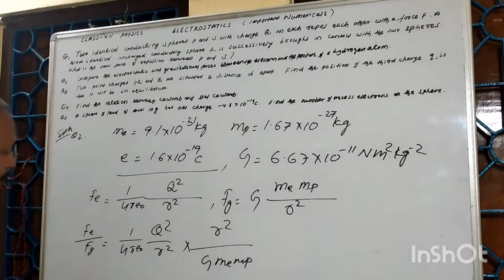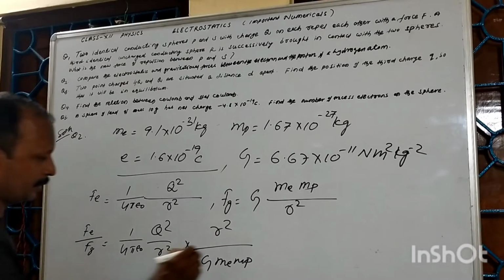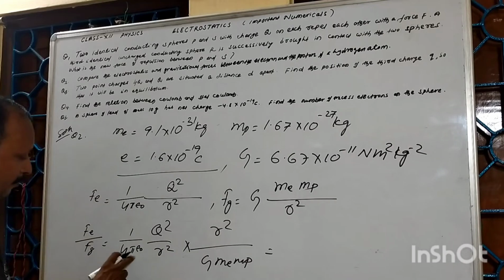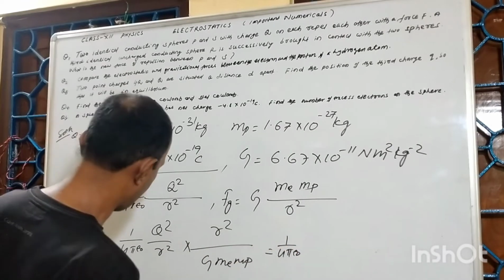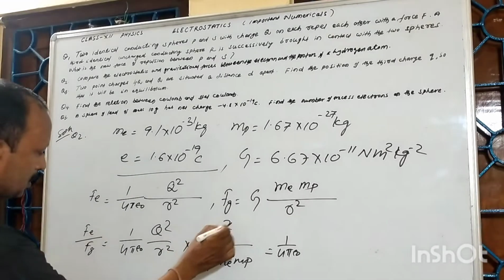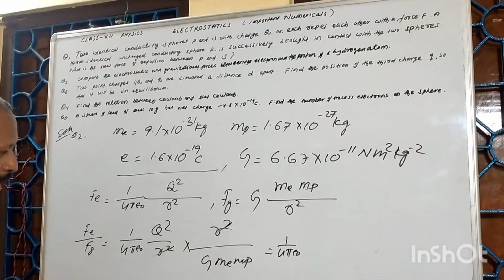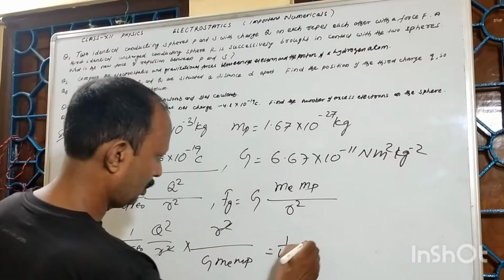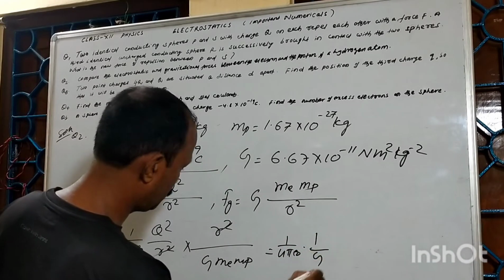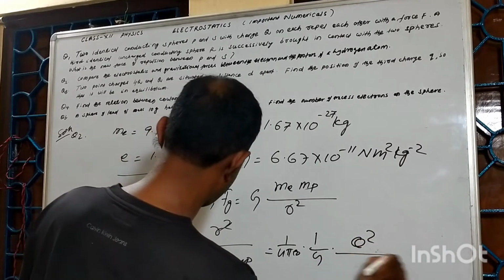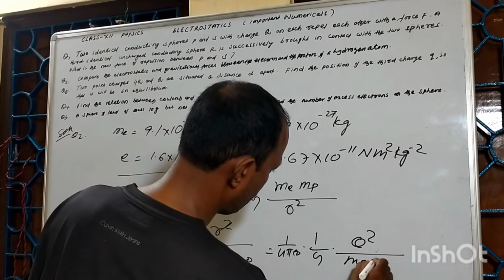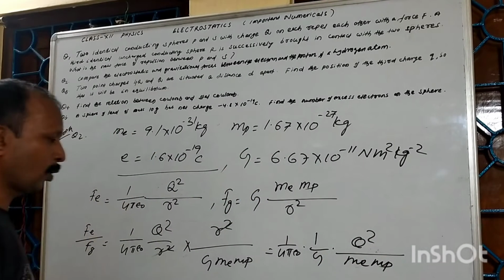Okay. So now r square cancels, so 1 into 1 by G into q square divided by mass of electron into mass of proton.